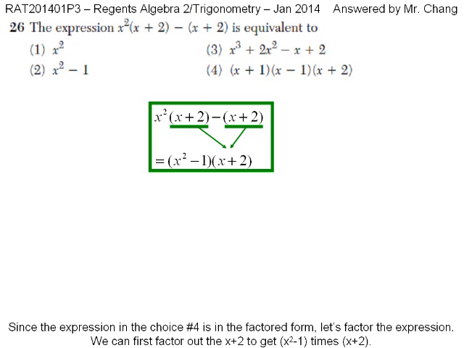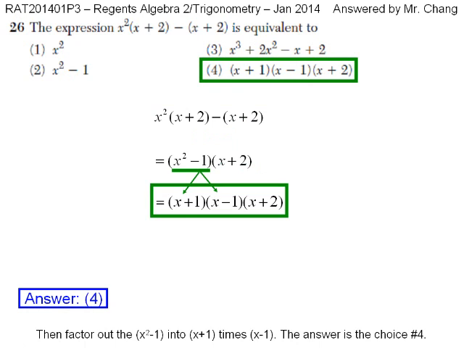We can first factor out the x plus 2 to get x squared minus 1 times x plus 2. Then factor x squared minus 1 into x plus 1 times x minus 1. The answer is choice number 4.